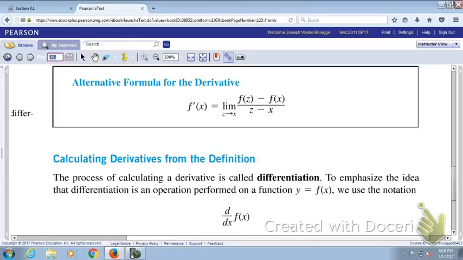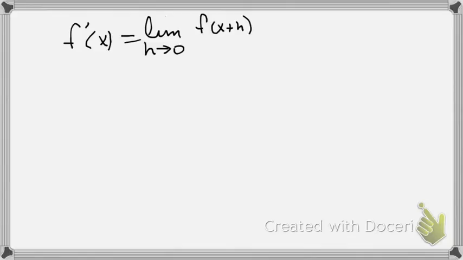Now, to summarize, f prime of x equals the limit as h approaches 0 of f of x plus h minus f of x, all over h.